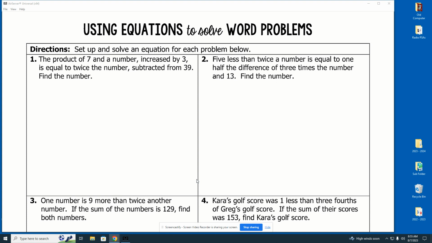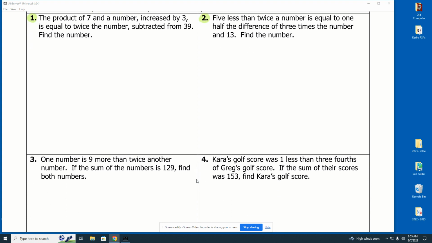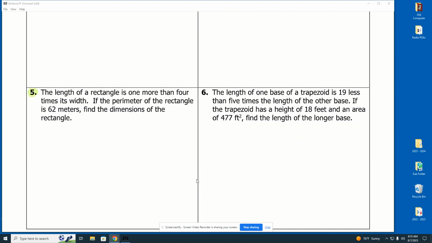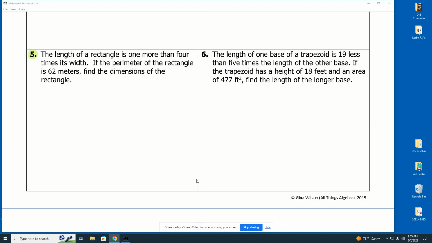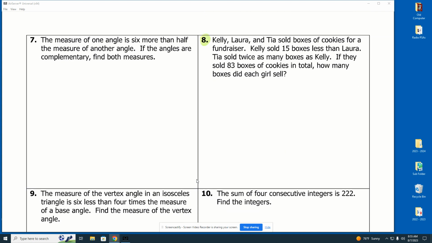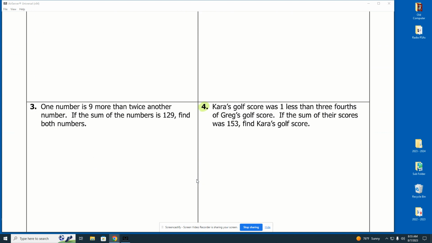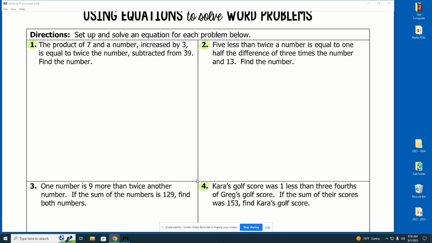We're going to start with number 1. In case you want to kind of work ahead, I'm going to do 1, I'm going to do 2, I'm going to do 4 because it has to do with golf, I'm going to do 5, and then on the back side, I'm going to do 8 and 10. Okay? Those are the ones that I'm going to go through with you.